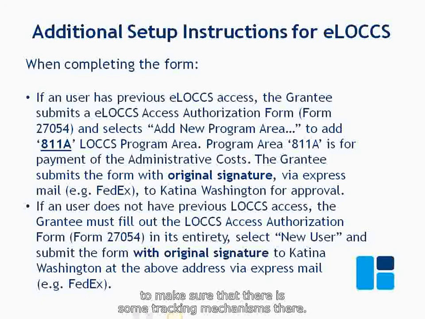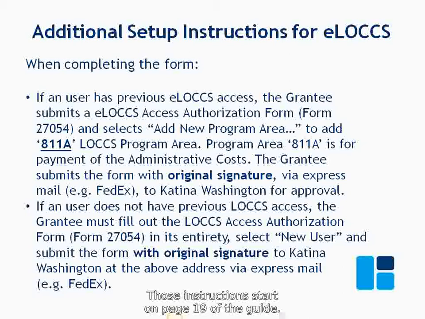In terms of completing that form itself, it's not necessarily intuitive the way the instructions are written. And so we have given you some specific tips on how to fill out certain fields of that form. Those instructions start on page 19 of the guide.